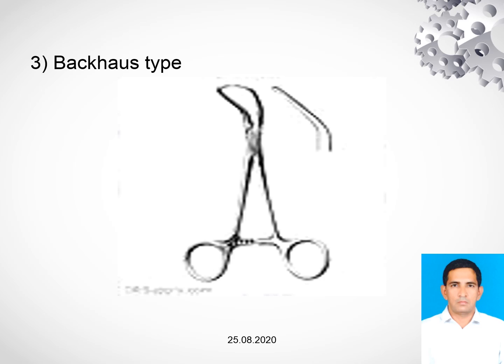The main use of the Backhaus towel clip is essential for the field of medicine, which is why every specialty makes use of this instrument. They keep the draping in place, which ensures that the surgical site is kept sterile all the time.